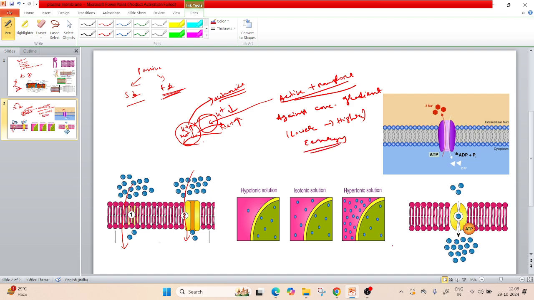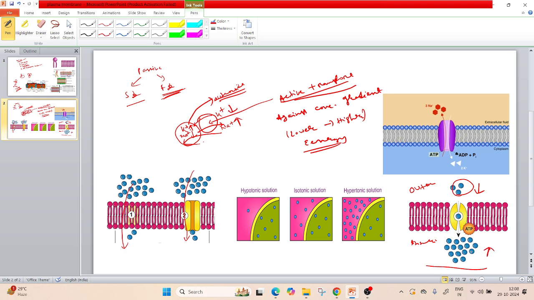Look at this structure. In this structure, let us say this is the outer layer and this is the inner layer. In the outer layer, low concentration is present, and inside, higher concentration is present.